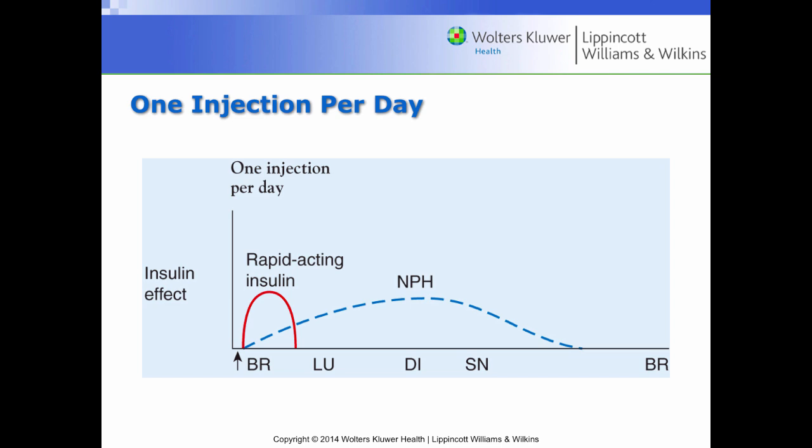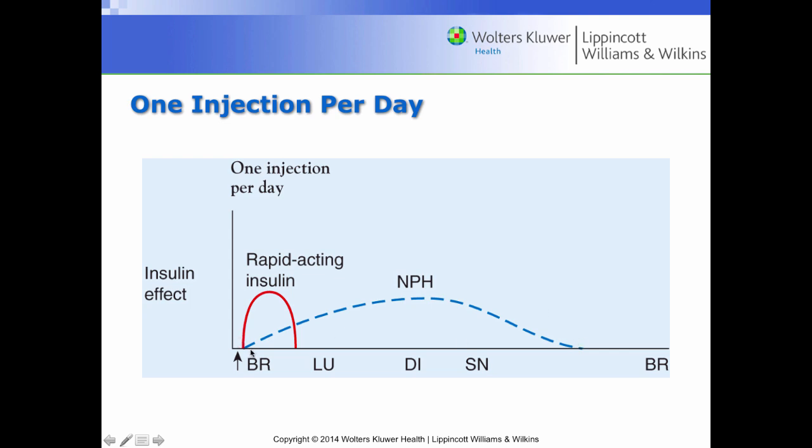So there are different insulin regimens that are recommended depending on how much insulin support people need. So this person is taking a rapid-acting insulin and a very long-acting insulin, right?